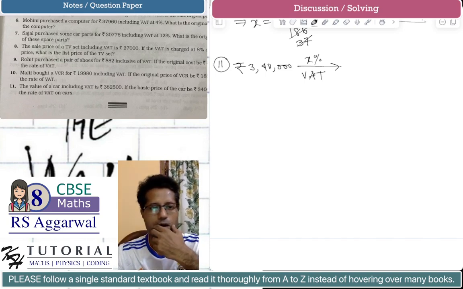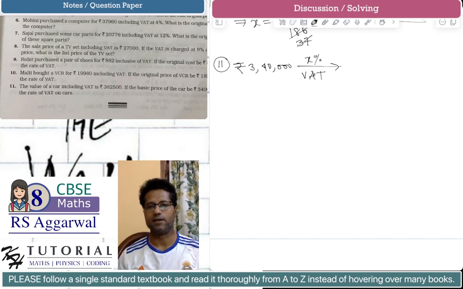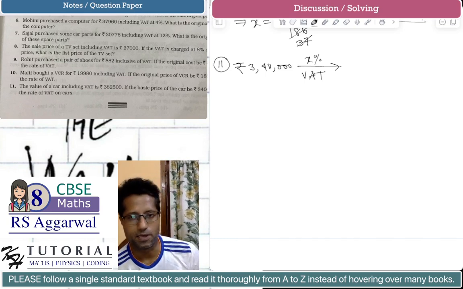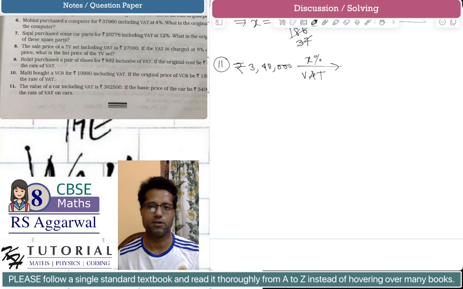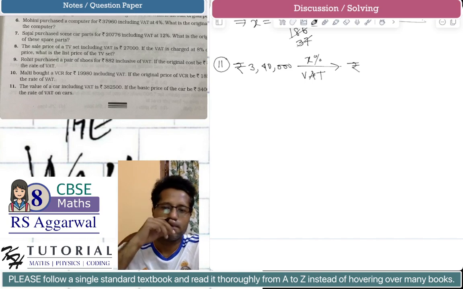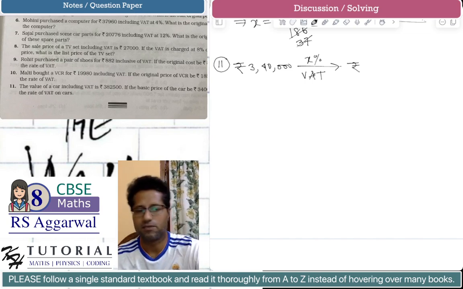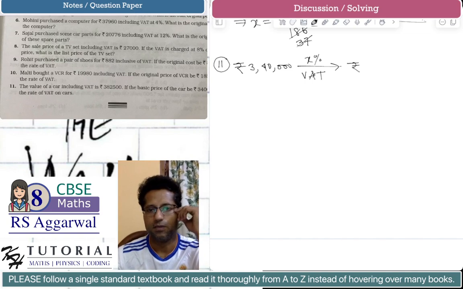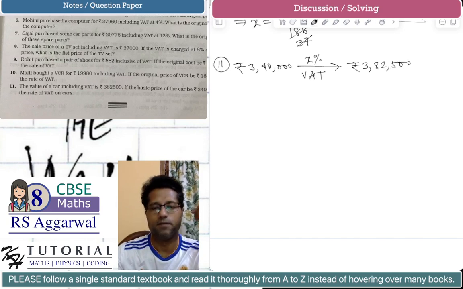So when the X percent VAT is applied on the basic price of rupees 3 lakh 40,000, we are having the value of the car, the price at which the car is purchased, that includes the VAT, is rupees 3 lakh 82,500.